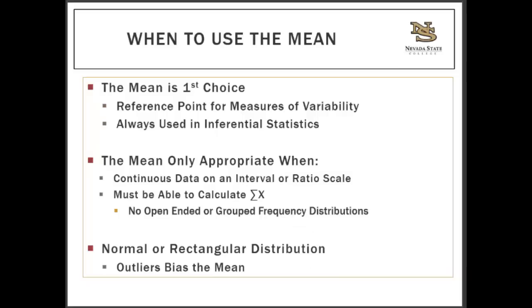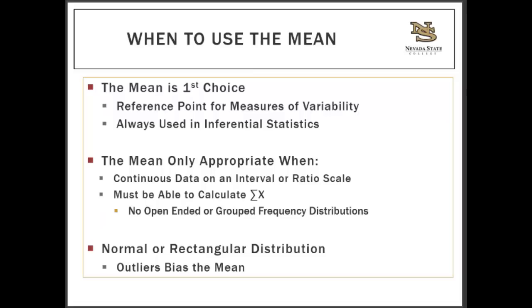We wouldn't have access to all the values in the data set, so we could not find the sum of x. And the sum of x is pretty important when it comes to finding the mean. So you would not be able to calculate a mean if our data was presented in an open-ended distribution.